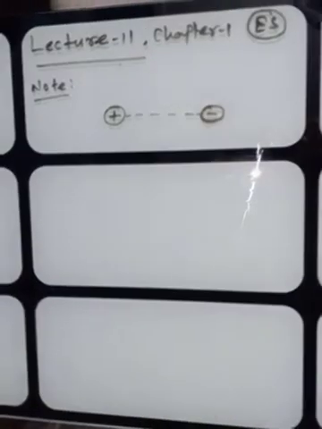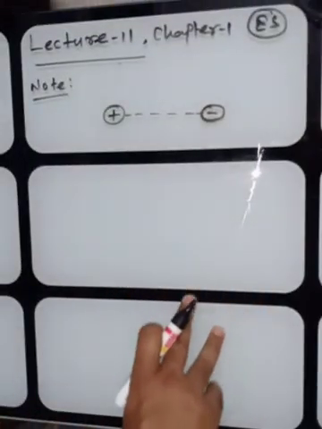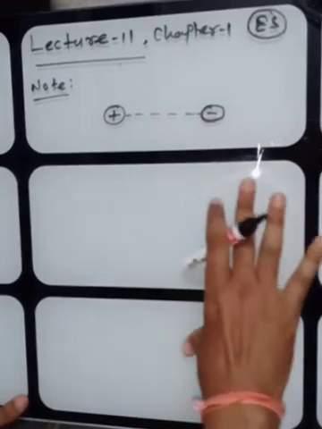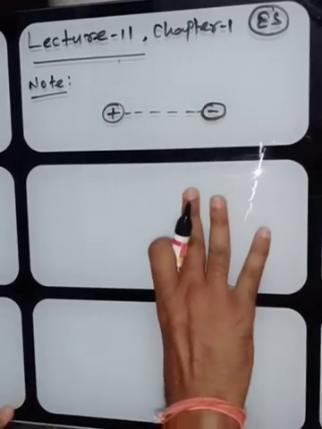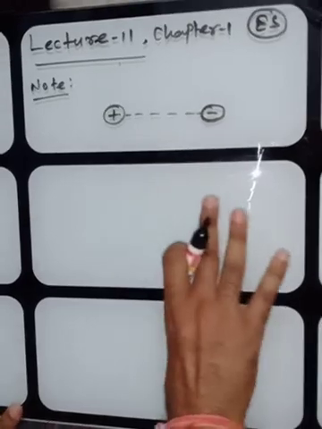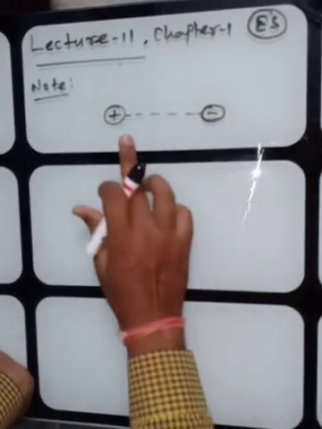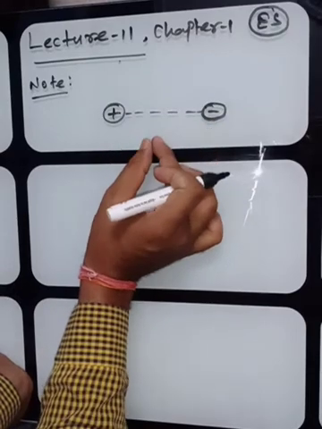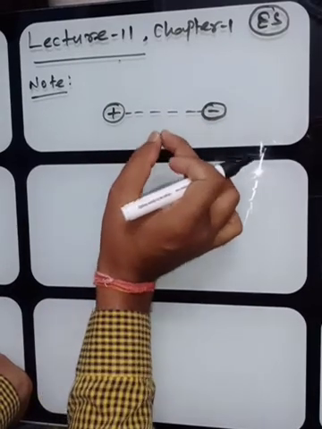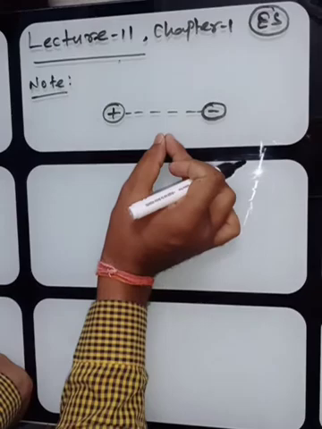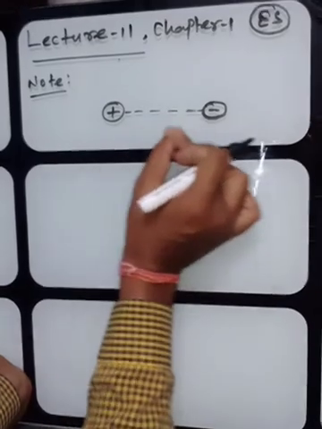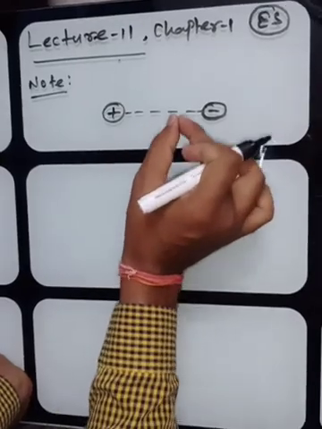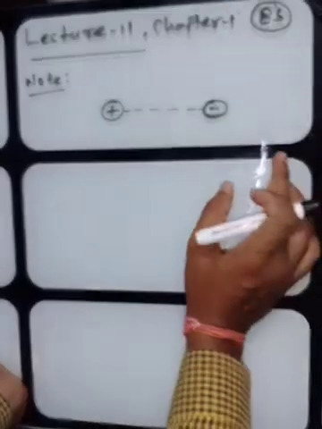While doing the calculation of electric field due to this dipole, remember, we will consider the separation between the centers of mass of this dipole, since this distance is very small. Remember, for an easy view, I am drawing these two charges at a very large distance; otherwise the separation would be very, very small.